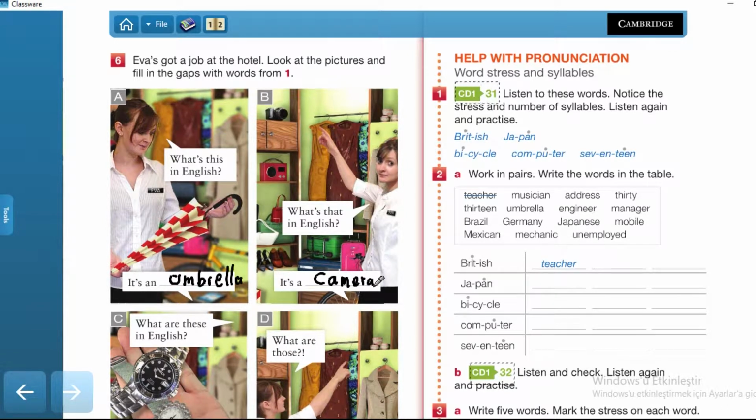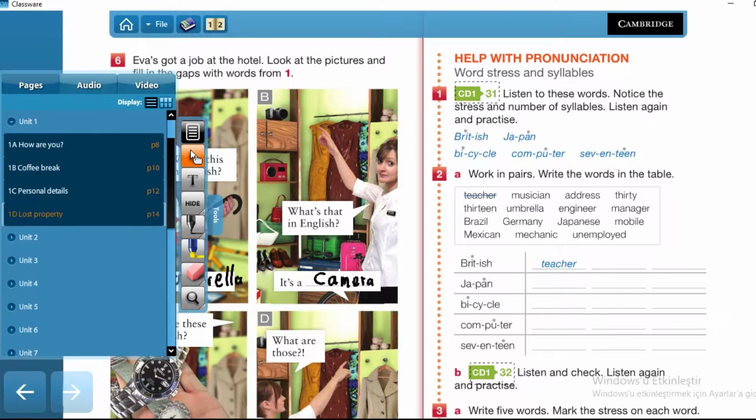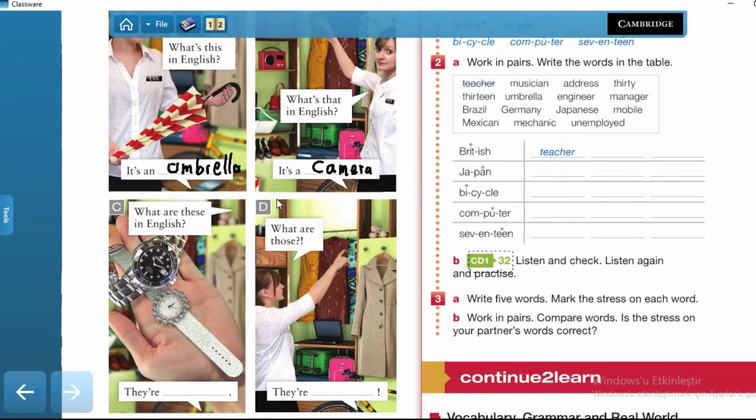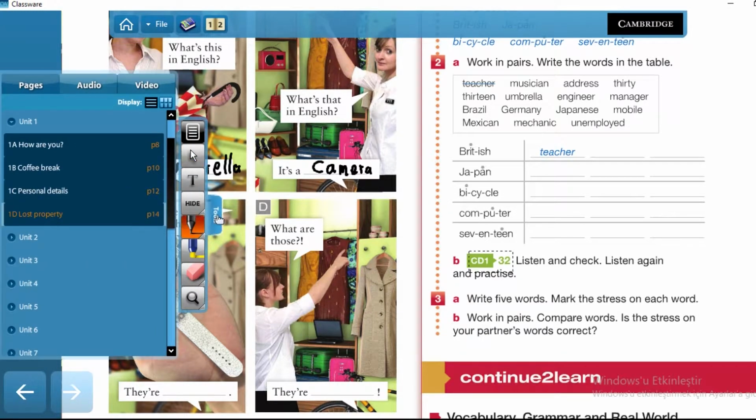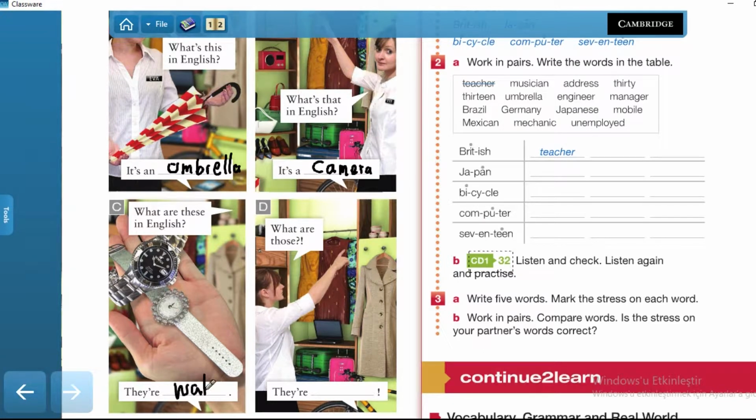And now let's have a look at picture C. On picture C and picture D, the possessions are plural. What are these in English? They are watches, or we can say these are watches. What are those? We have three things there. So we say they are false teeth.